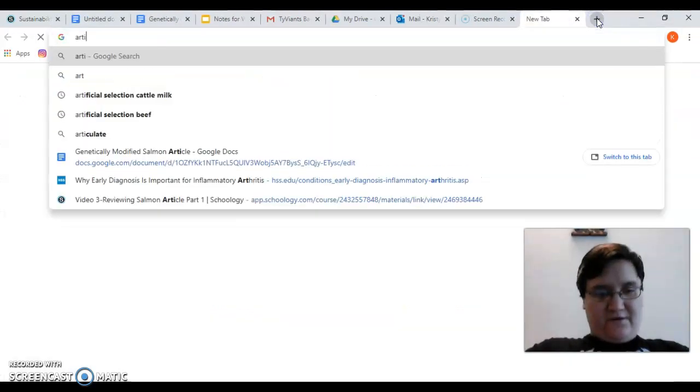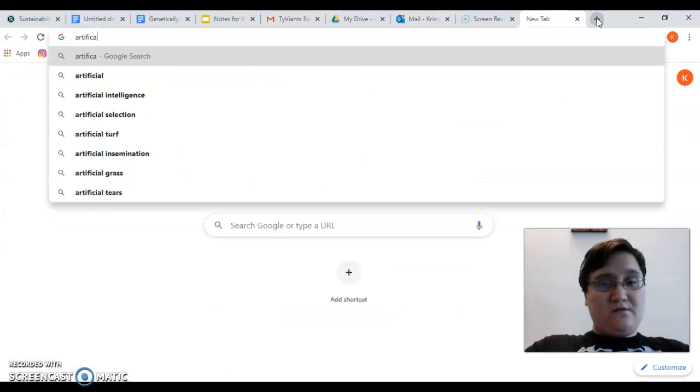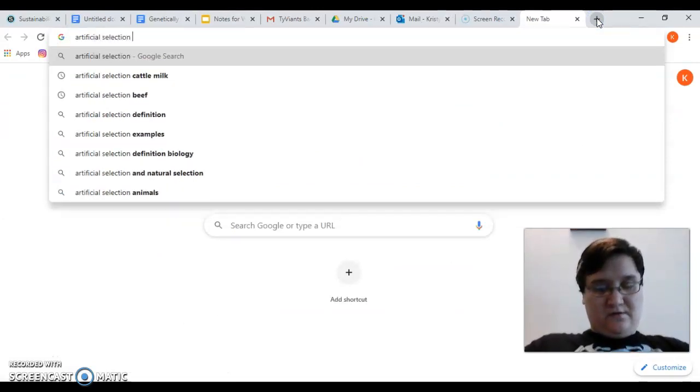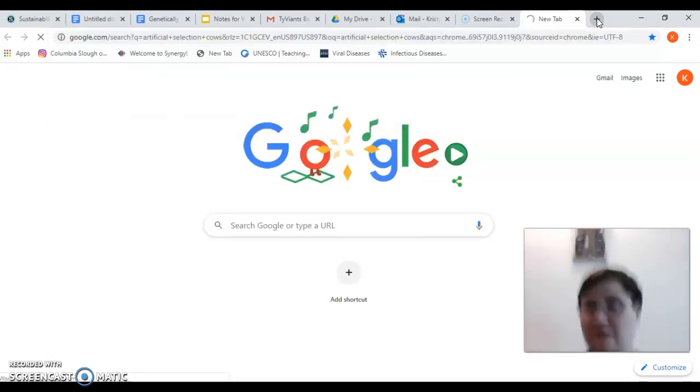You know what? I think a good artificial selection example is cows.